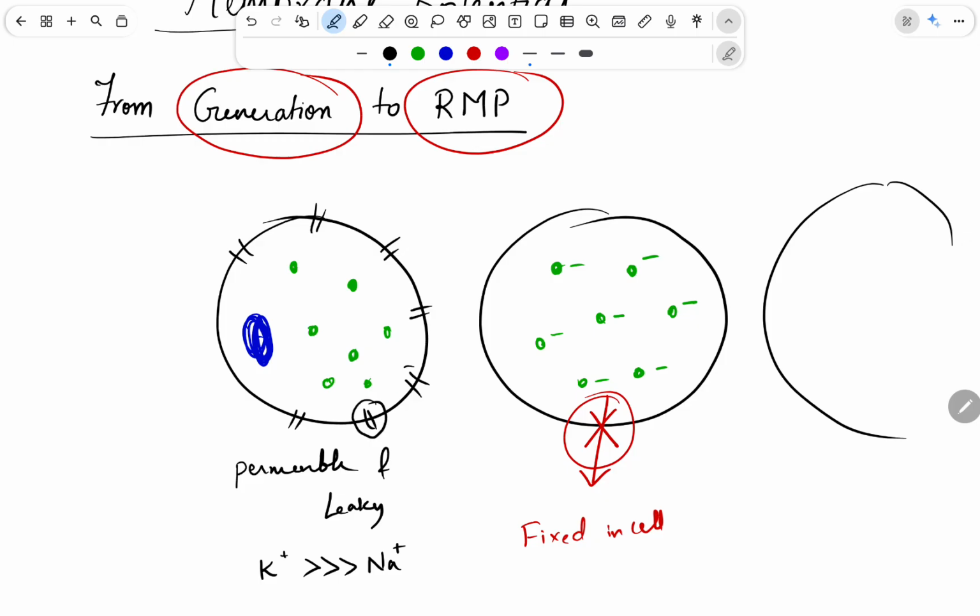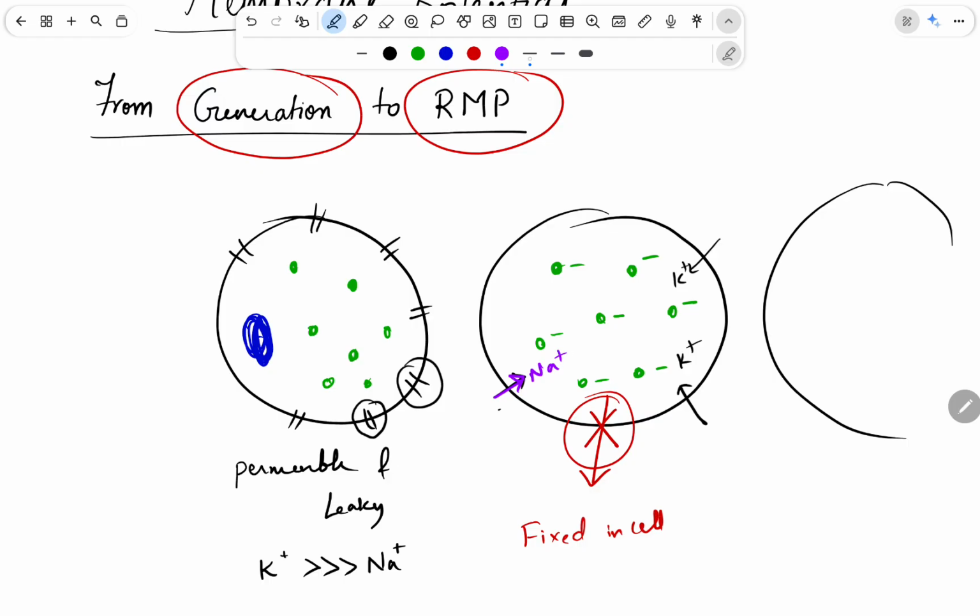Moreover, the abundant channels are that of potassium. So there will be potassium influx or movement inside the cell to balance this. Even some sodium also will come inside, very, very less comparatively.